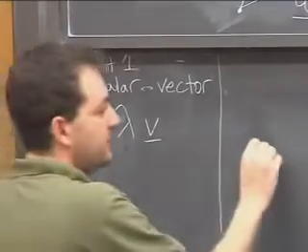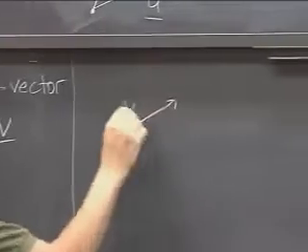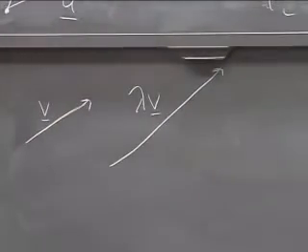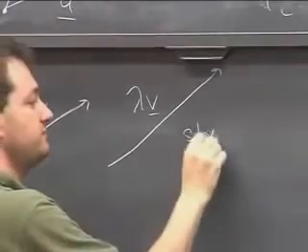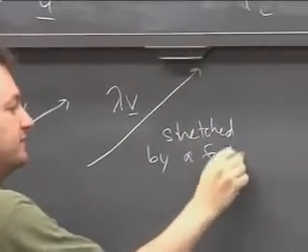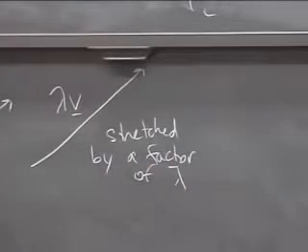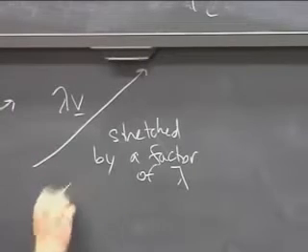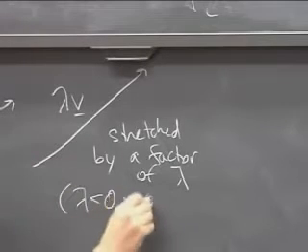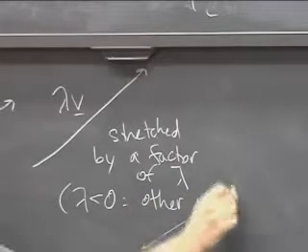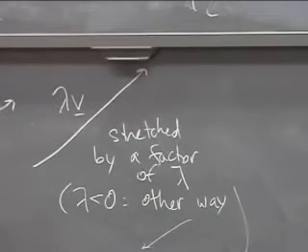And geometrically what this does is, if this is v, lambda v stretches it by a factor of lambda. All right? So if lambda is negative, it points the other way. Lambda less than 0, other way. E.g., in this case, backwards.